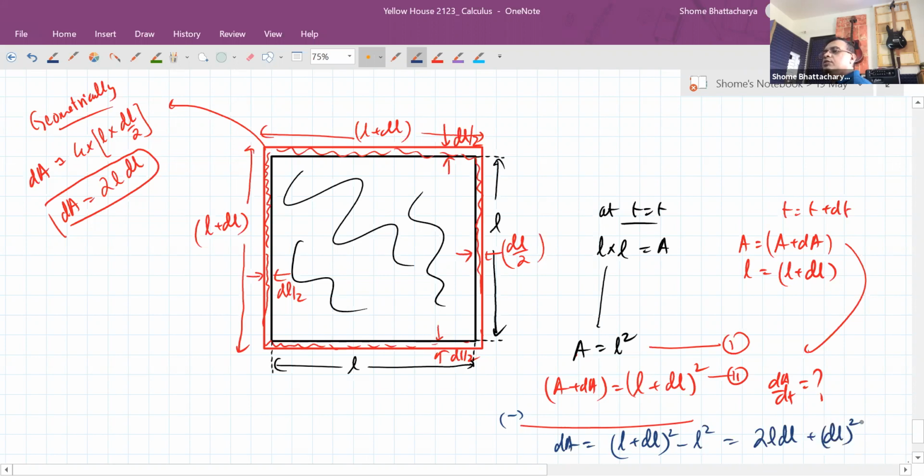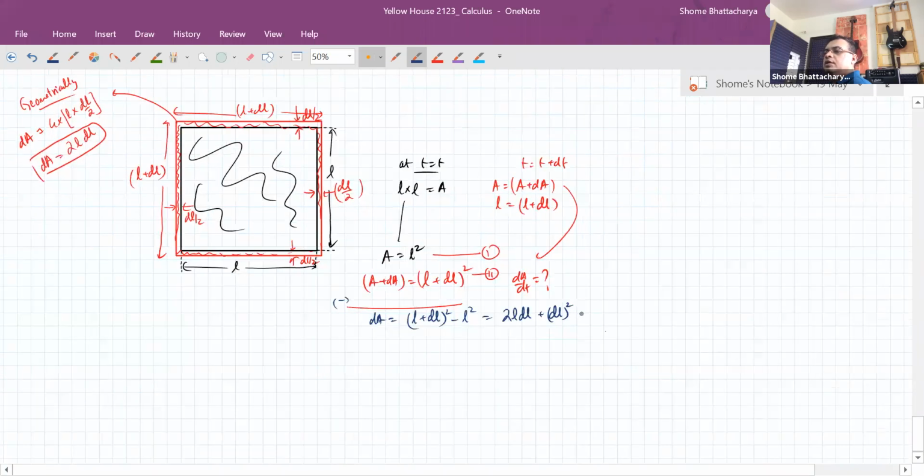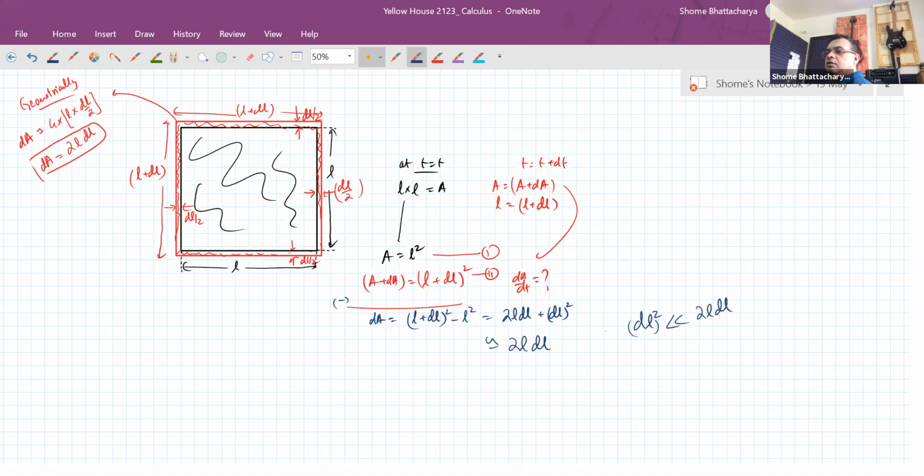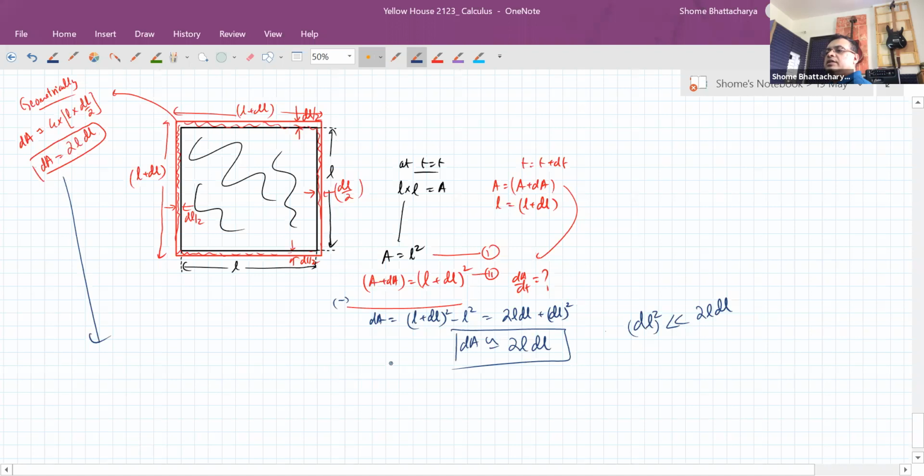Now dL whole square will be negligible compared to 2LdL. So we can approximate this as 2LdL, because dL whole square will be very small compared to 2LdL, because it's a differential change. So algebraically also you can see that the change in area is like this. Geometrically also we can see the change in area is like this.